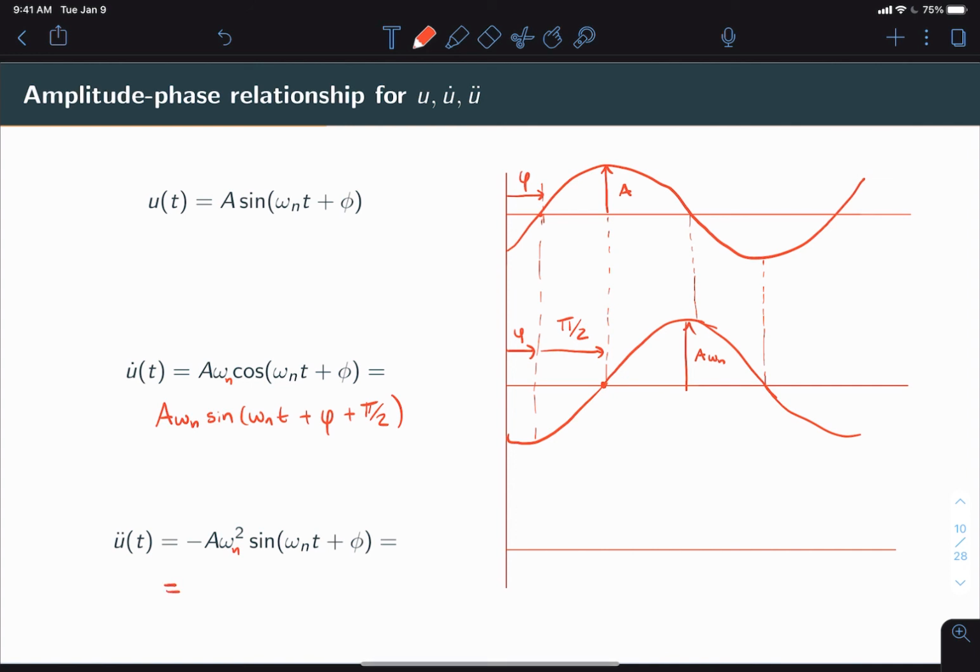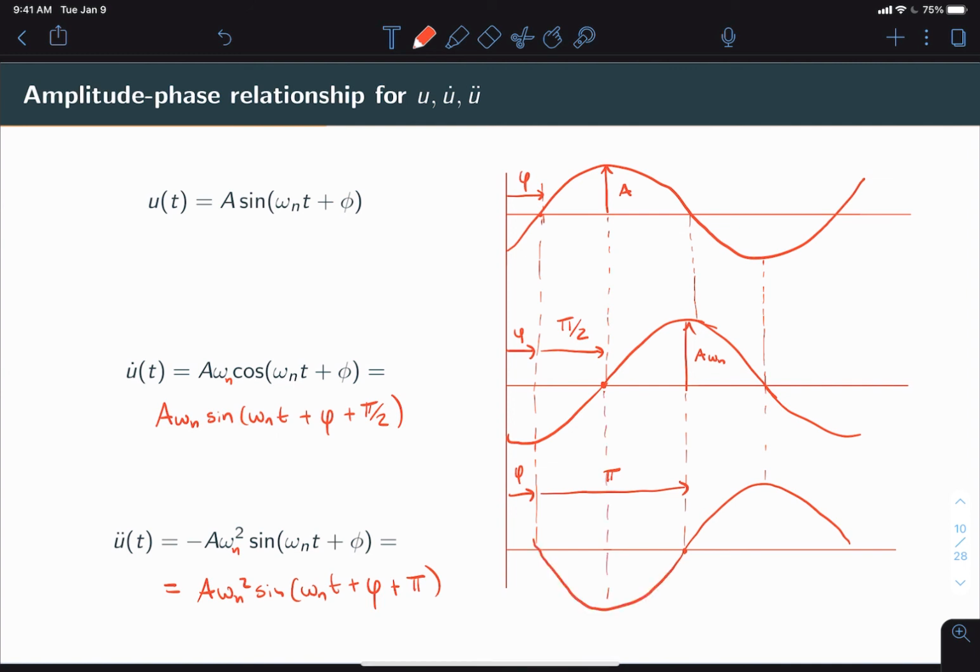So we rewrite this as a times omega n squared sine of original argument plus pi. Okay, and so now we shift by half a cycle. So wherever phi was, now we're going to shift by pi. And so our positive 0 crossing is there. Our peaks line up with the 0 crossings in the velocity, and so on.